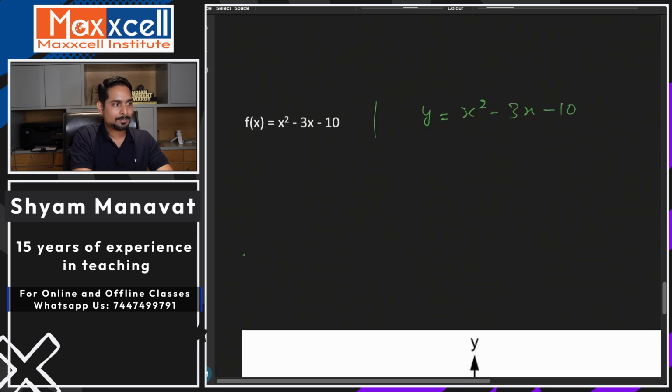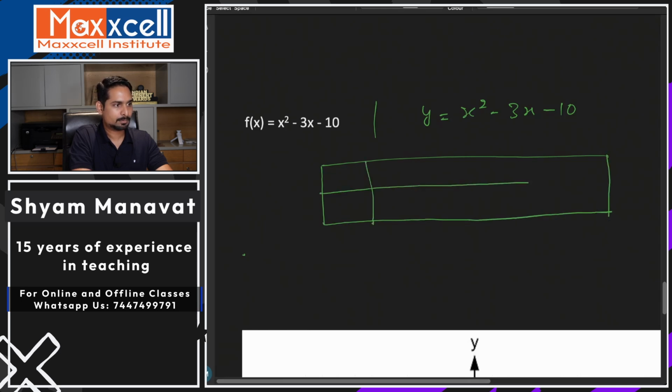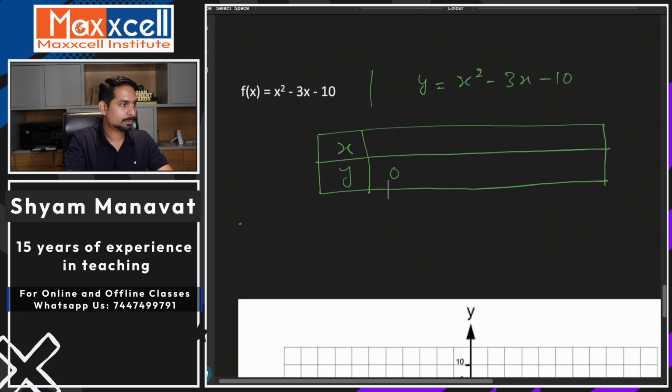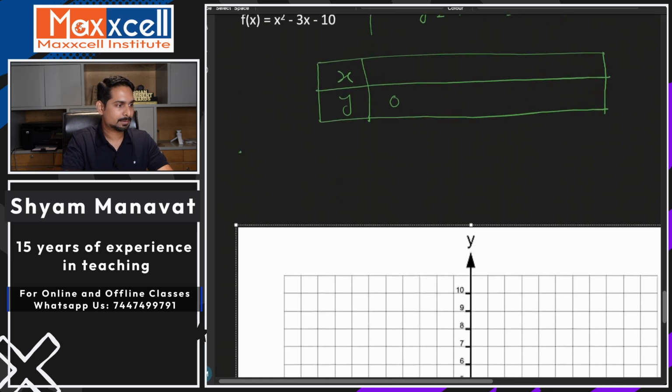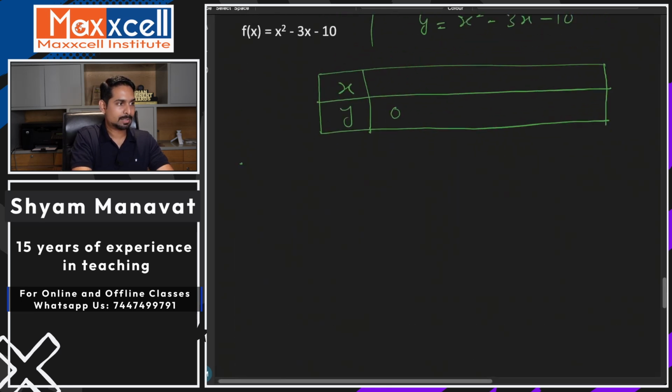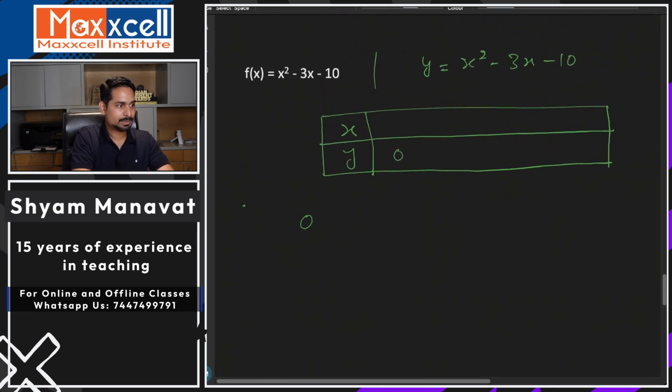Okay, what you do first, you substitute y equals to 0. If you substitute y equals to 0, you get this as a quadratic equation, x square minus 3x minus 10.